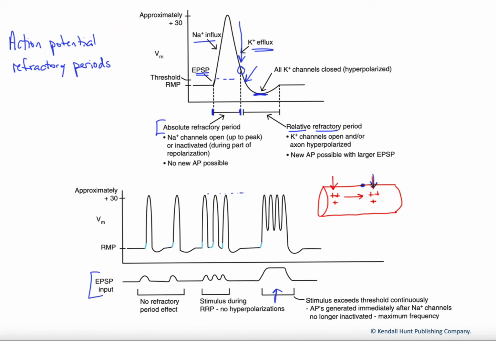If it were not, right, then this electrotonic current traveling backwards would open those channels again, meaning that every forward propagated action potential would generate a retrograde action potential, one behind it. And of course, that would really mess up our ability to transmit information unidirectionally down the axon as we require.